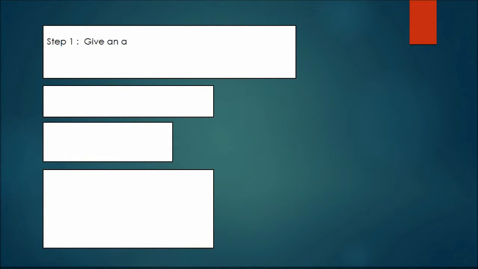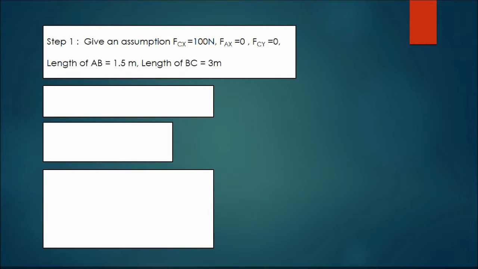Step 1. Give an assumption. FCX equals 100 Newton, FCy equals 0. Length of AB equals 1.5 meter, length of BC equals 3 meter. Step 2. Find external force of Fby, Fbx, and Fay.